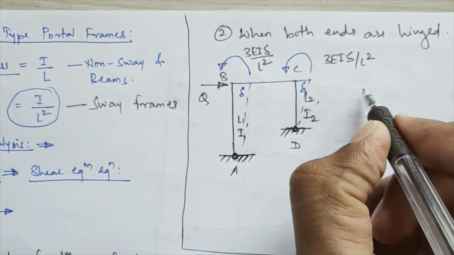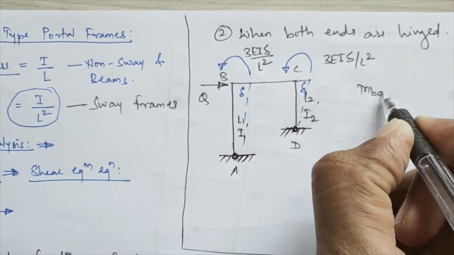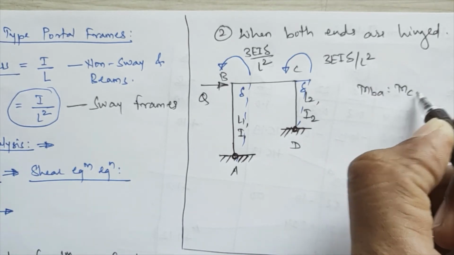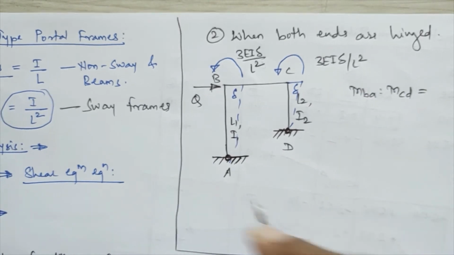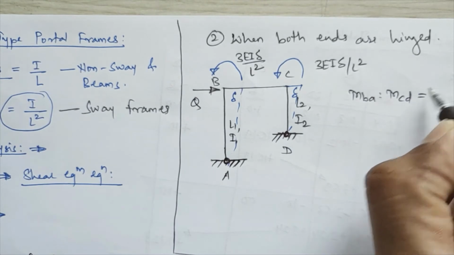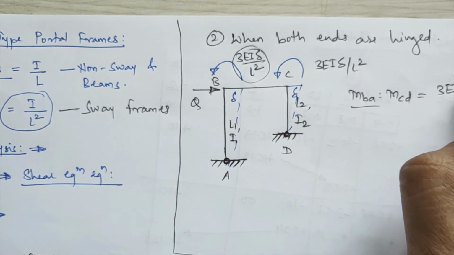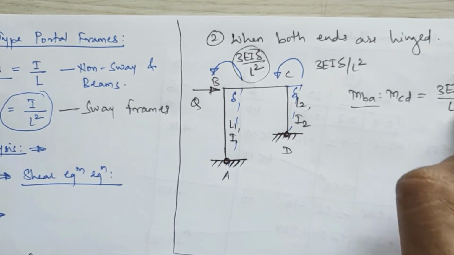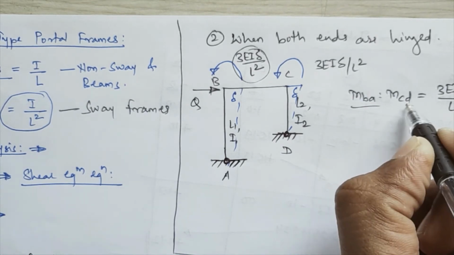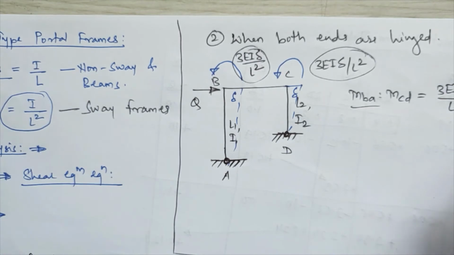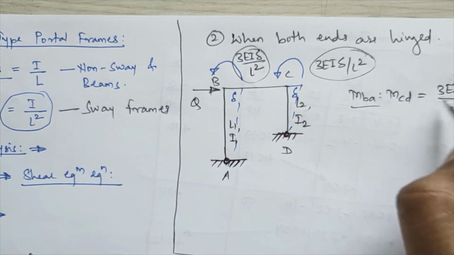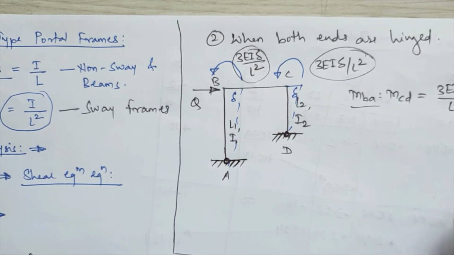So if I again take the ratio of these two columns, that is MBA is to MCD, what will I get? First the MBA value, that is 3EI1 delta upon L1 square, is to the moment of CD, that is 3EI2 delta divided by L2 square. Again 3E delta will get cancelled.